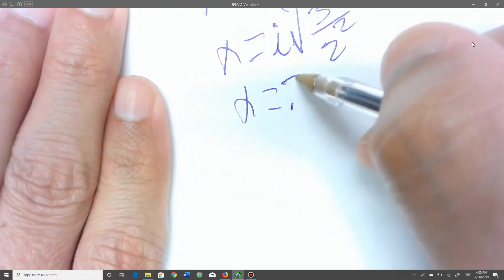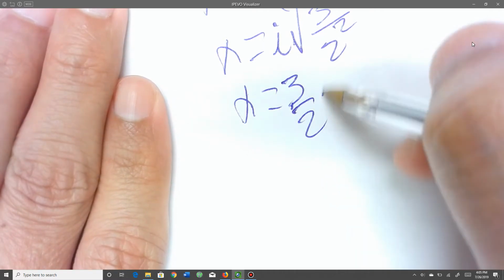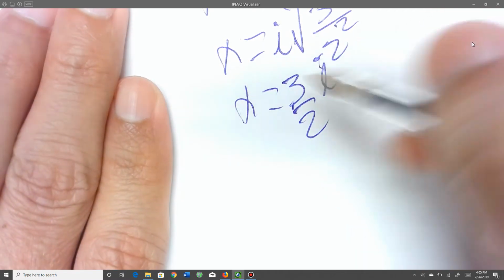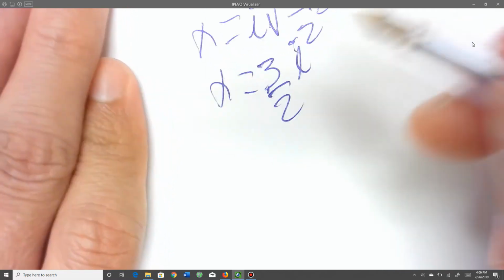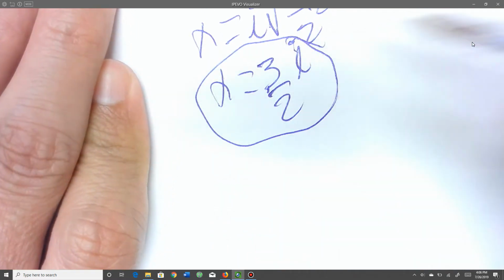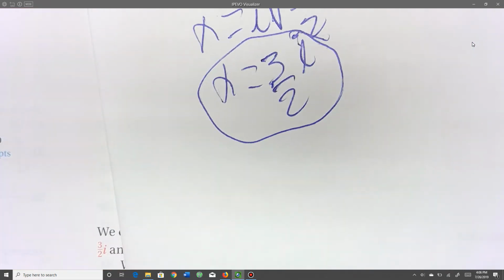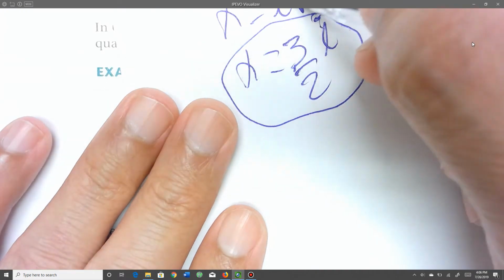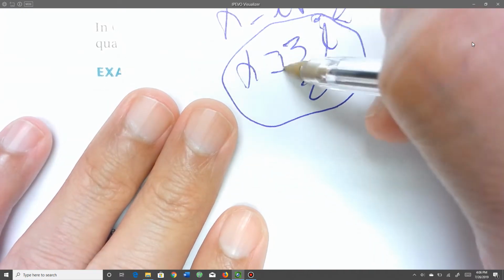That's 3 over 2 times i, and the radical sign goes away. So this is my solution for x, except I missed the positive and negative values here.